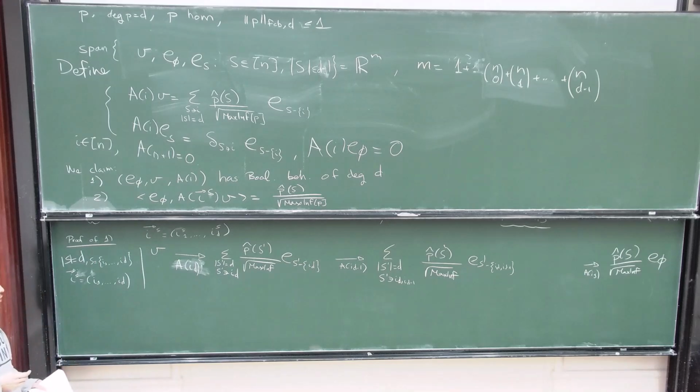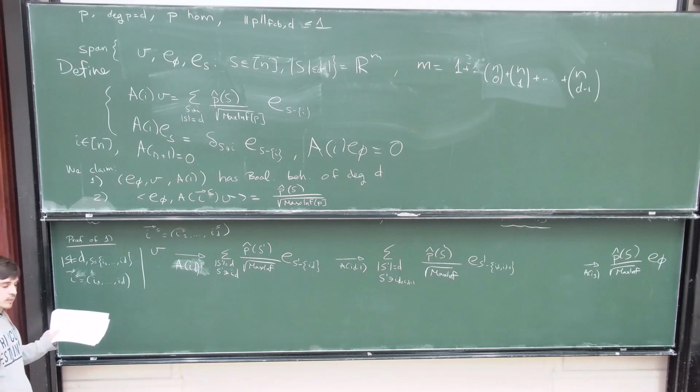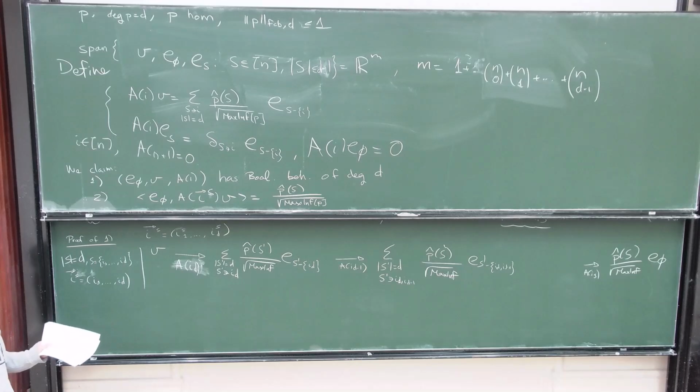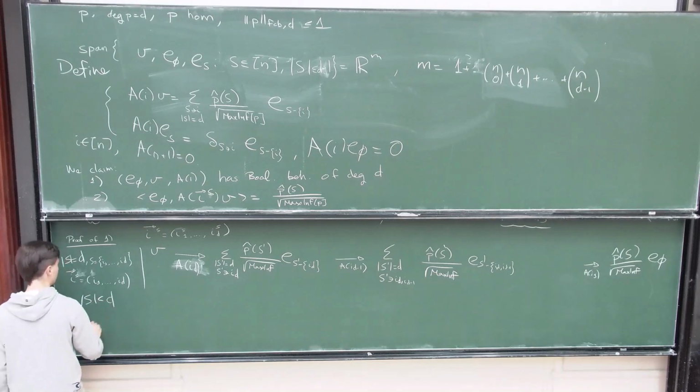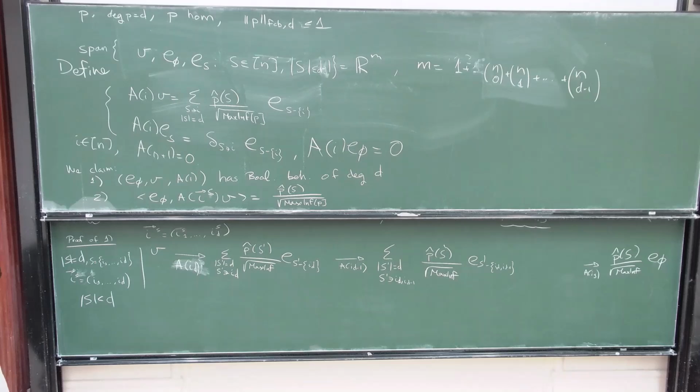Now what remains to do is to check the cases of other S and check that everything is normalized. So say that S is of size smaller than d.